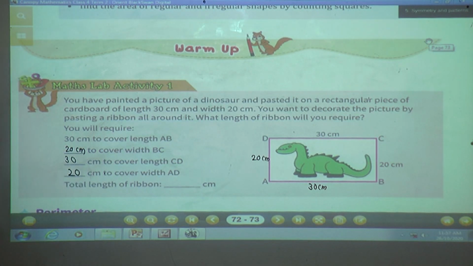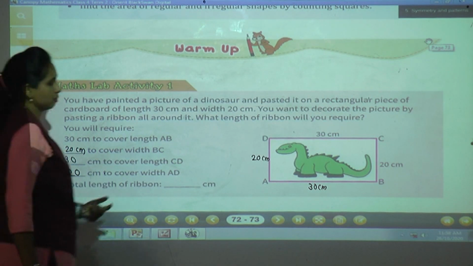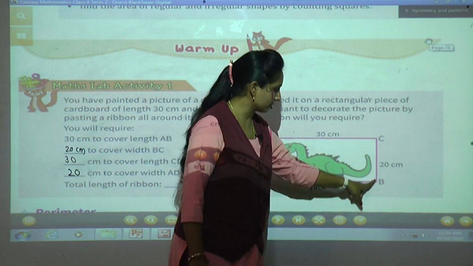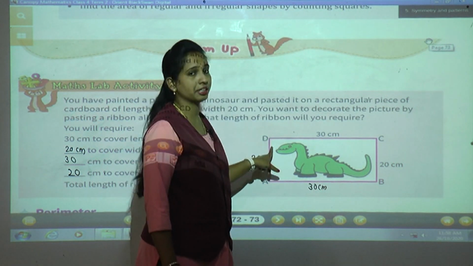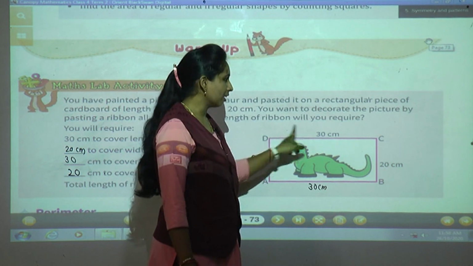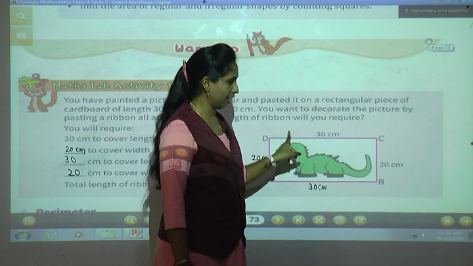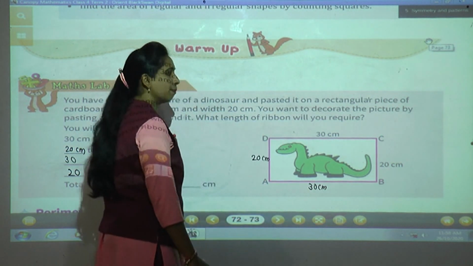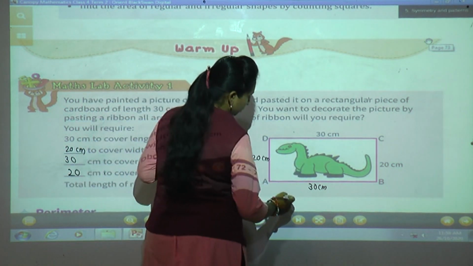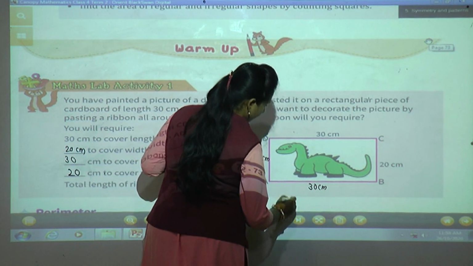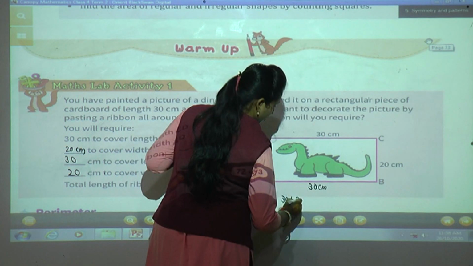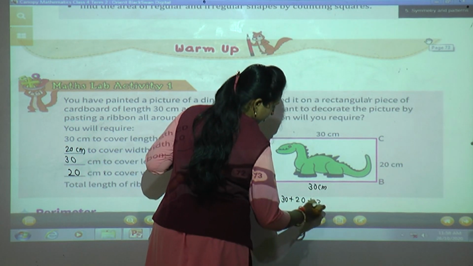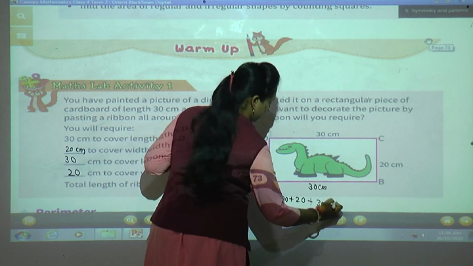Total length of ribbon. Now for this what you are going to do? Now see students, here is 30, here is 20, here is 30, here is 20. If you add all these centimeters together, you will get how much ribbon you required for the whole page, isn't it? Now see what I'll do. 30 plus 20 plus this 30 plus this 20.